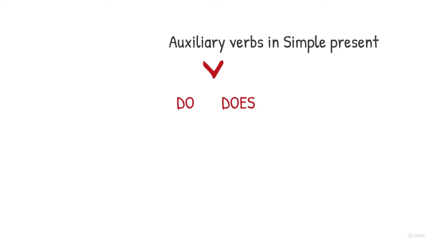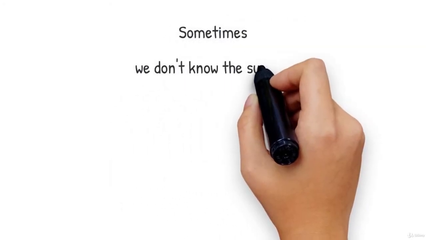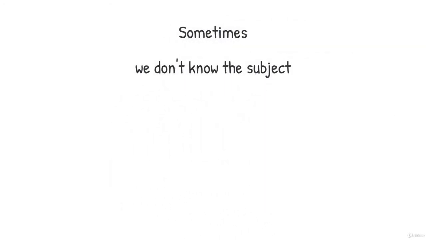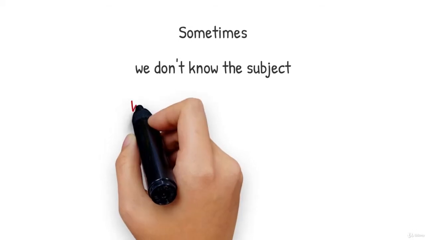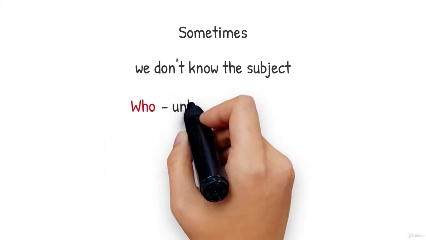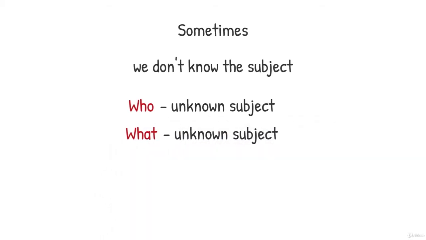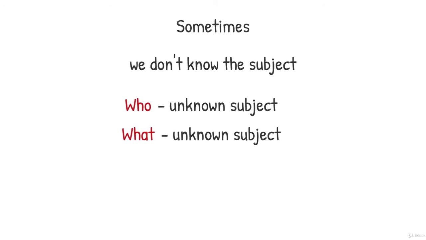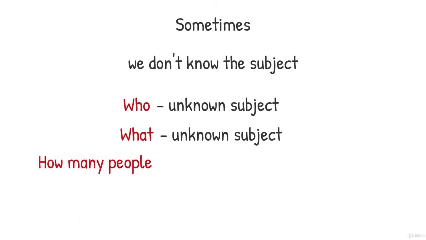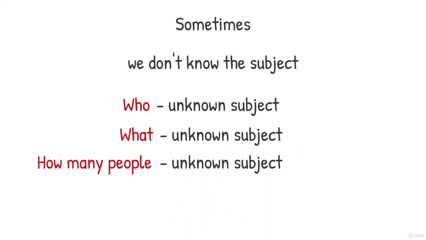But sometimes it happens that the subject in the question is unknown. If the subject is who, it's unknown. If the subject is what, it's unknown. Or if the subject is how many people, it's also unknown.